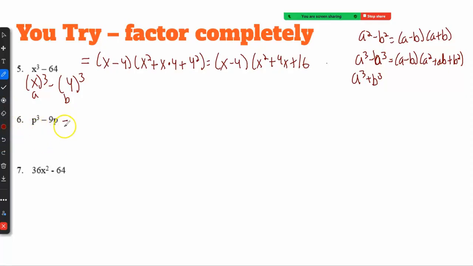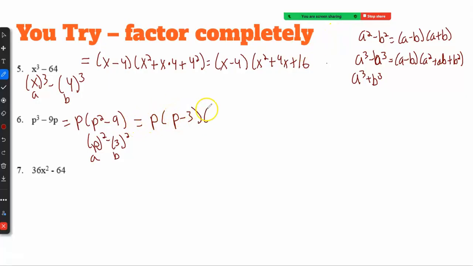As I look at this one, I can pull out a P. This looks like something squared minus something squared. A P and a 3 is going to be in my A and my B. So I'm going to use my first equation in my upper right, difference of squares. A minus B, A plus B. If I look at 7, I can pull out a 4.